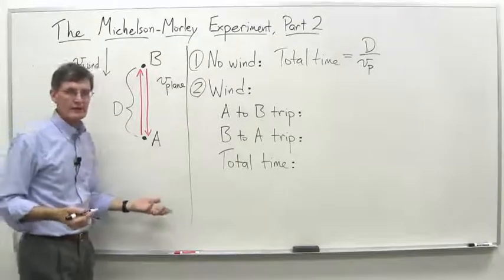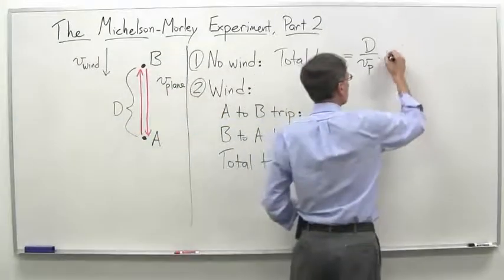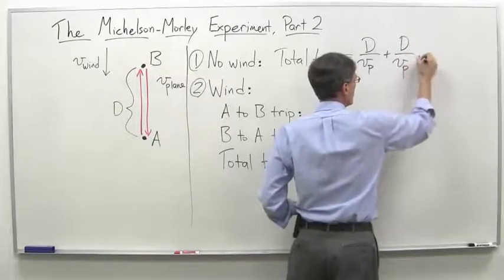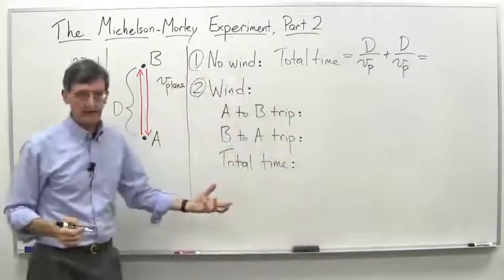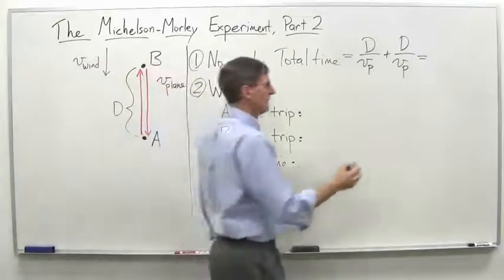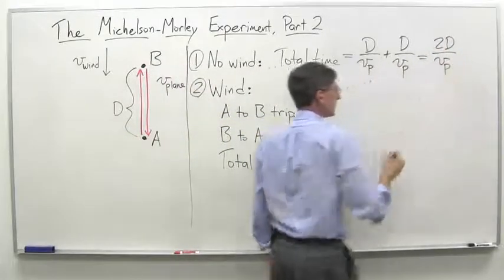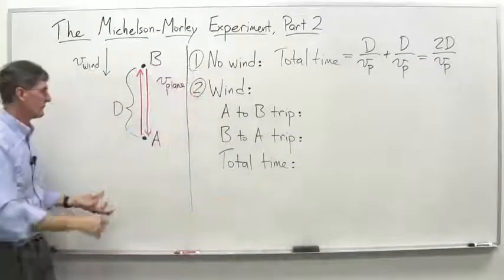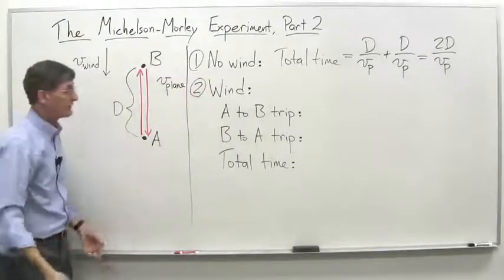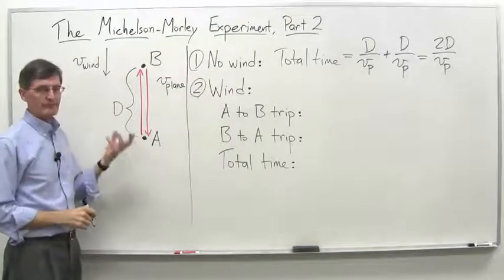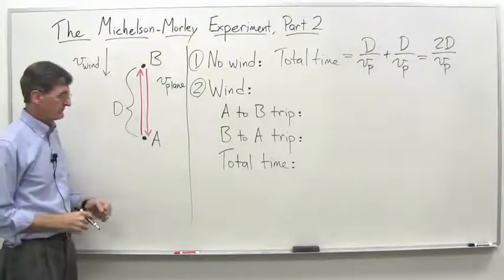Same thing, plus d divided by the velocity of the plane, whatever it happens to be. And so clearly we can just add that together. We get 2d over v sub p. Okay, so that's the case if there's no wind. We just need to know the distance and the velocity of the plane, and a simple calculation gives us the total time it takes for the round trip for the plane.